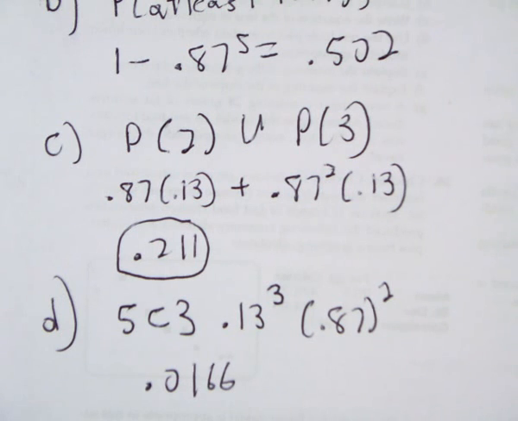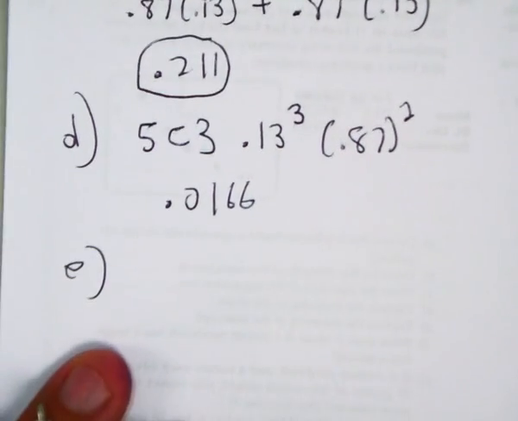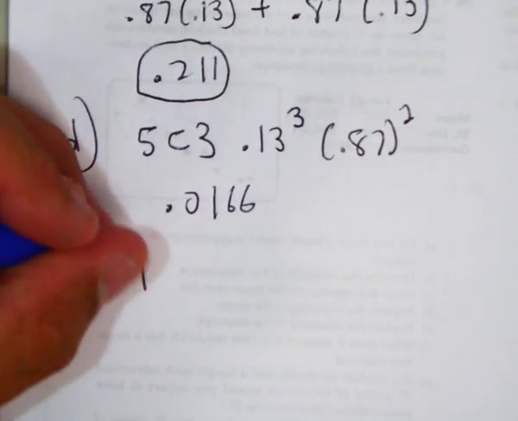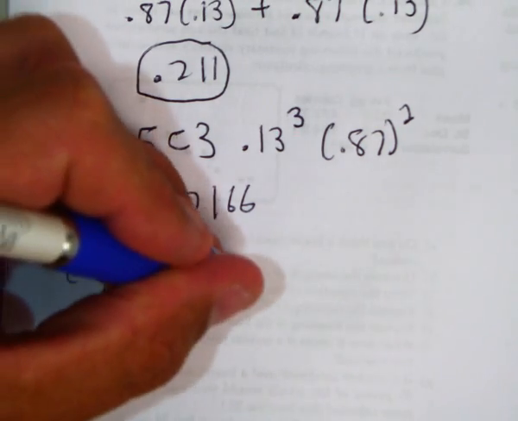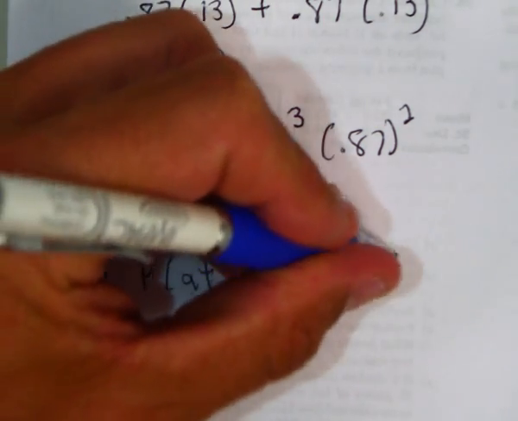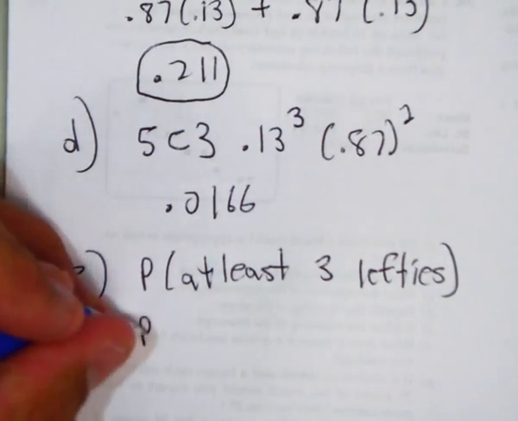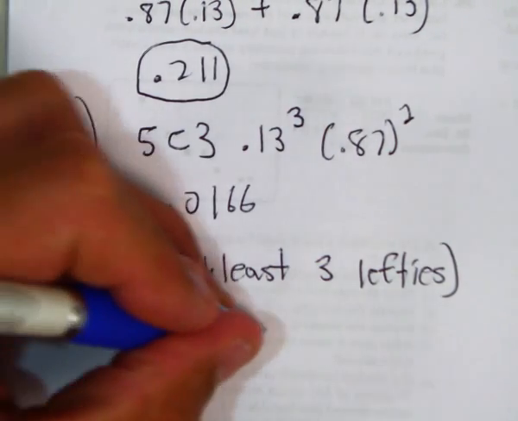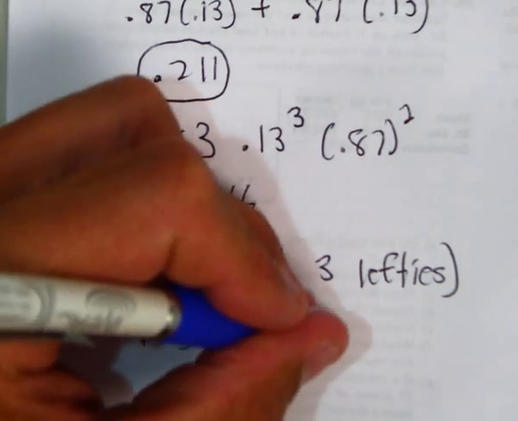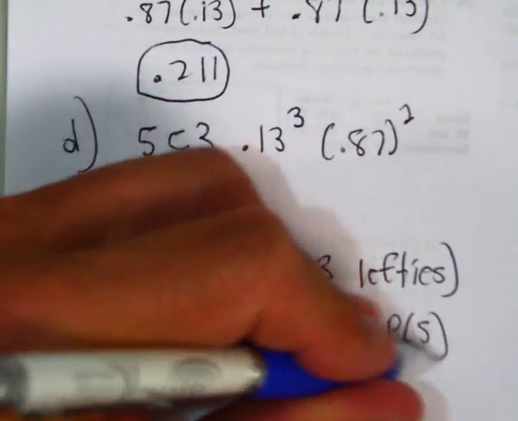And then there are at least 3 lefties in the group. Okay, so we could do this one of 2 ways. Probability of at least 3 lefties. So we could do the probability of 3 lefties, or 4, or 5.